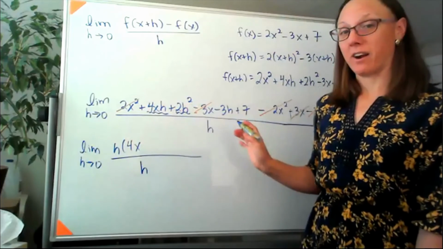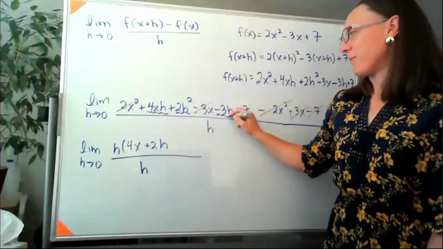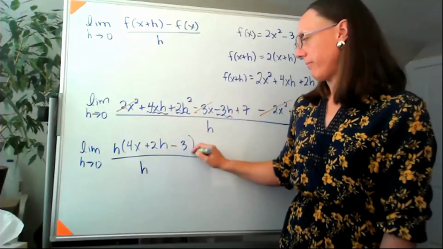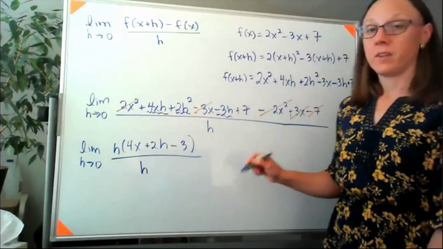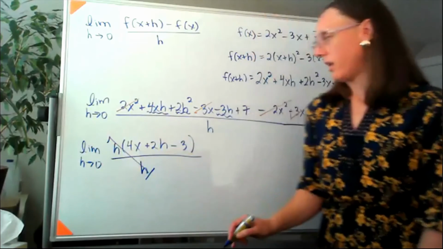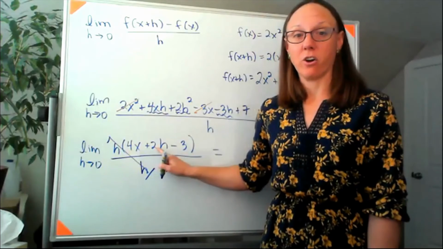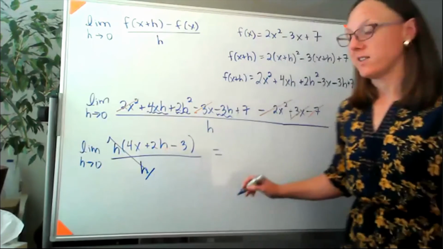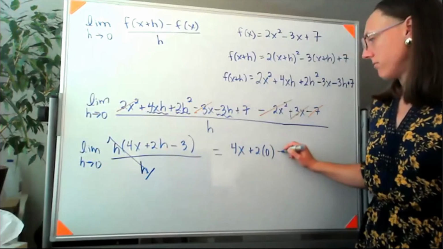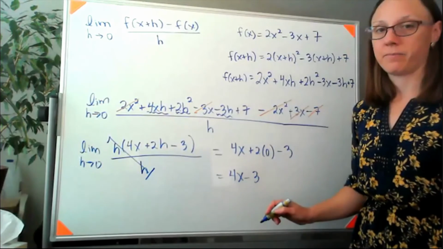From 2h squared, if I pull an h out, I have plus 2h. And from that negative 3h, if I pull an h out, I have negative 3. My h over h is equal to 1, and I'm ready to apply the limit, meaning I'm going to plug in 0 for h right here. And I'll be left with 4x plus 2 times 0 minus 3, or 4x minus 3.